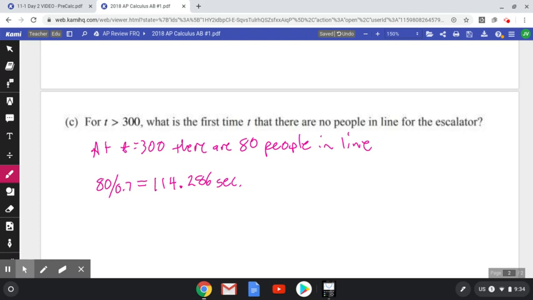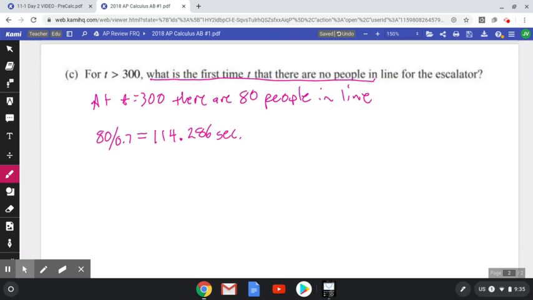Now, we want to be very careful with this and figure out exactly what our answer should be. So I like to go ahead and reread this one. It says, what is the first time t that there are no people in line for the escalator? All right. Well, we found out from 300, it's going to take another 114 seconds and a little bit for there to be no people in line.